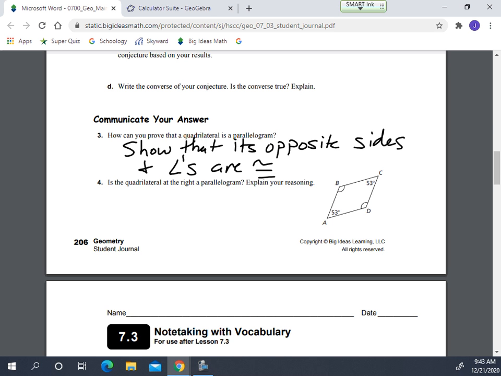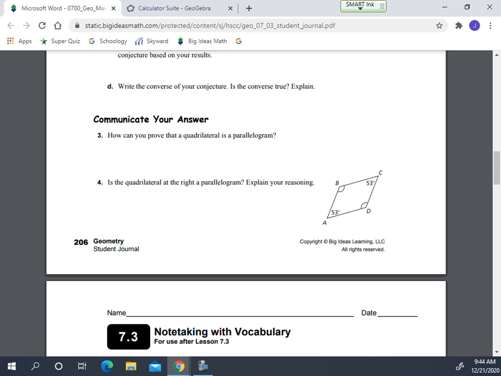Is the quadrilateral on the right a parallelogram? Explain your reasoning. Yes. Why? Its opposite angles are congruent. I'm going to check my work here and make sure. Okay. Yes. This is a parallelogram because its opposite angles are congruent.